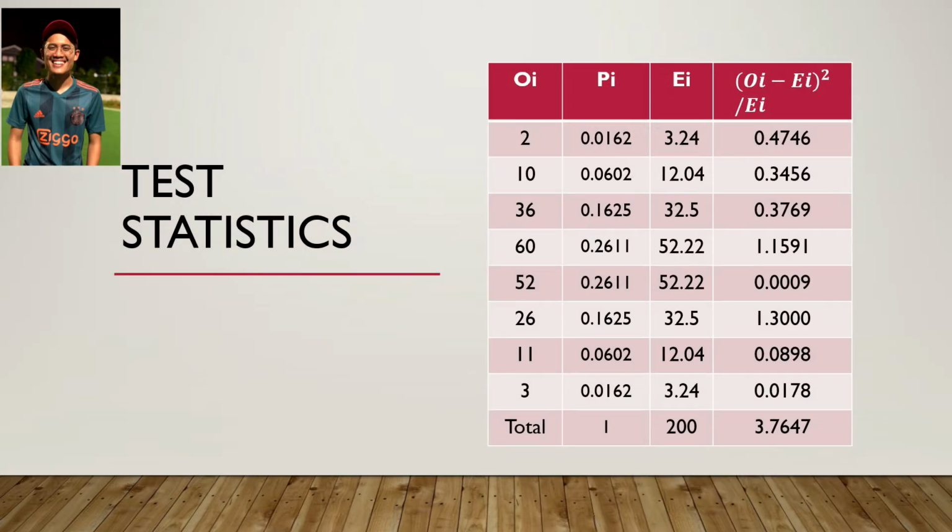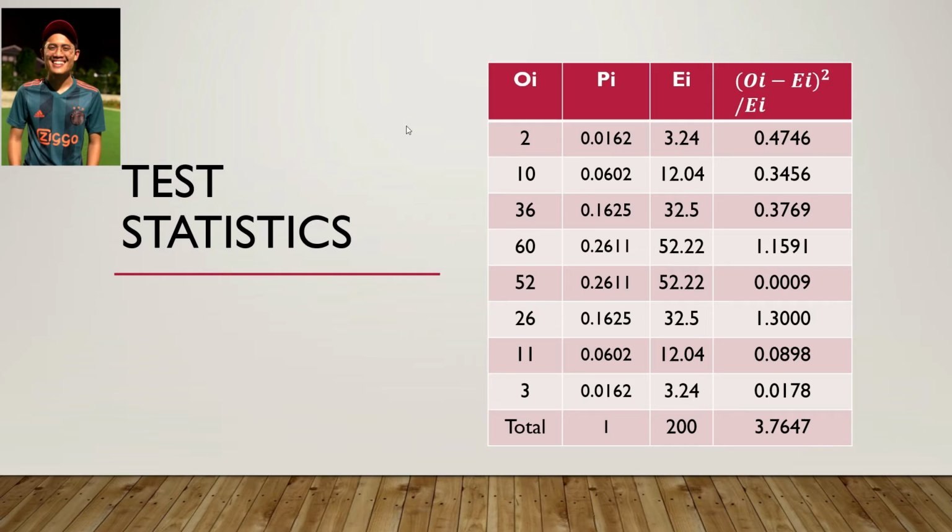Next, for the test statistics, we obtain the expected value using the formula, which is total frequency times the probability. For example, for the first expected value, we multiply 200 with 0.0162 and we get 3.24.